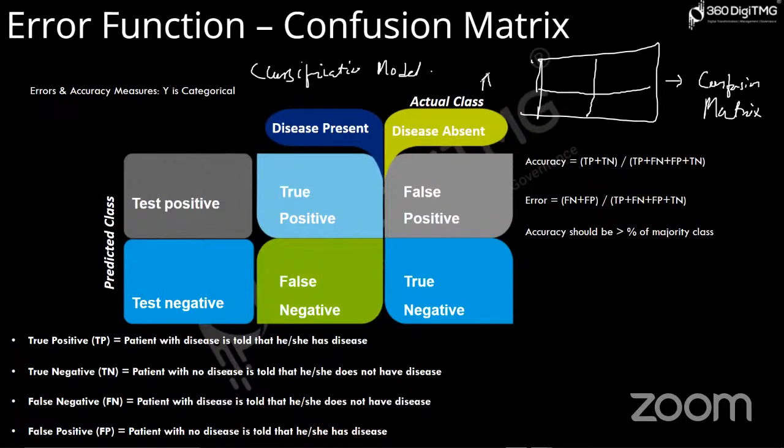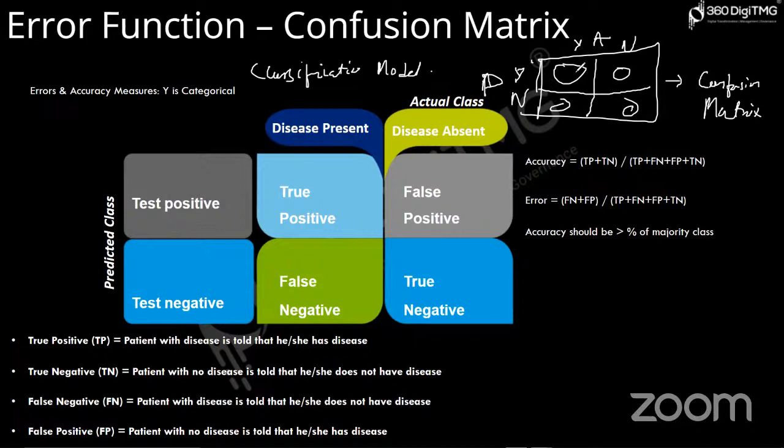Suppose here we have the predicted value and here we have the actual value. For predicted value, suppose we have yes, no. Here also yes, no. So wherever we find two yeses, we'll get some value. Yes and no, we'll get some value, this value, this value. So these four values we have got.